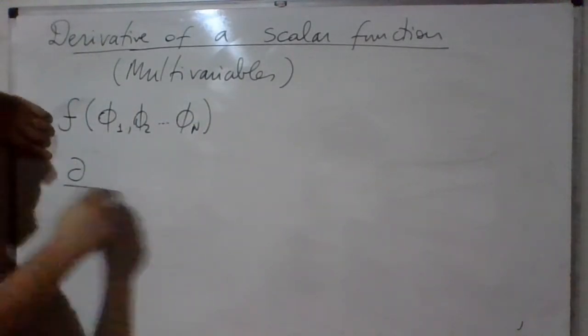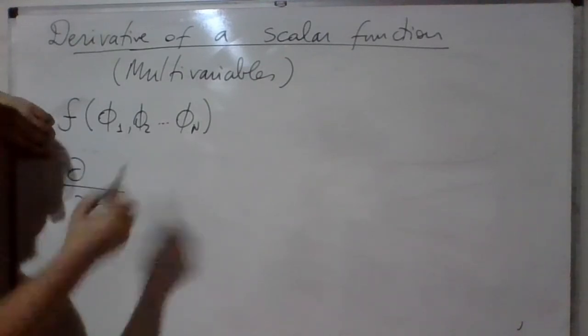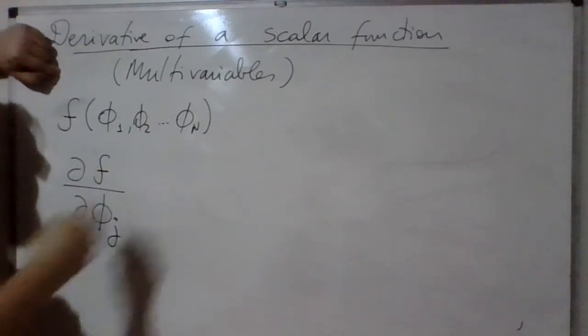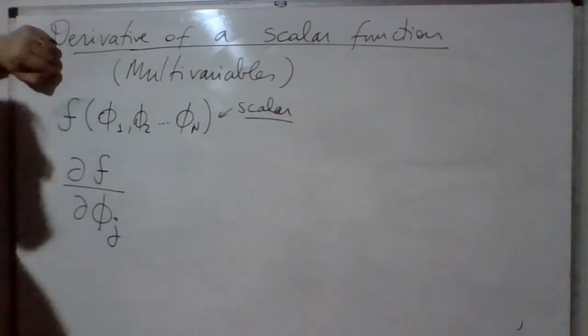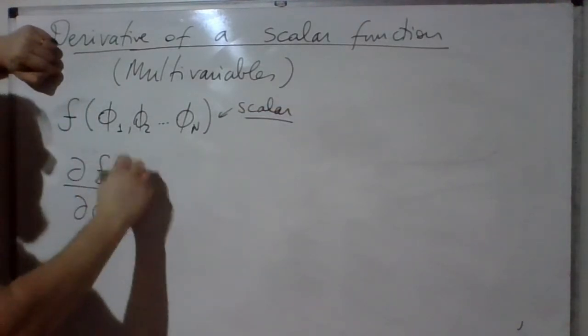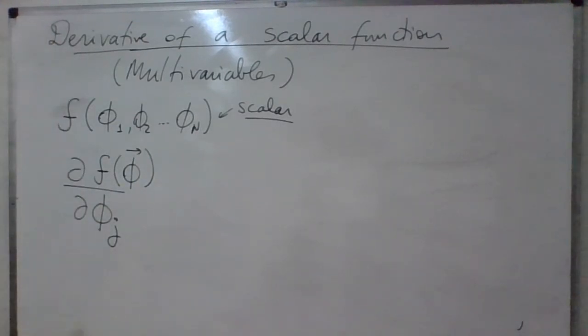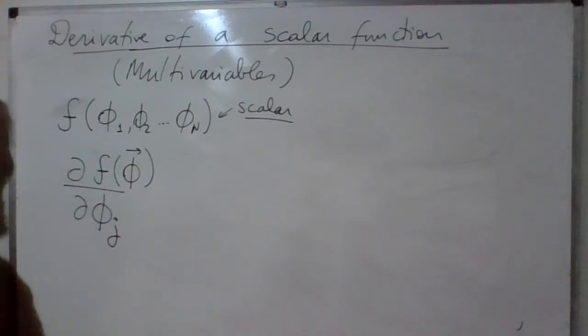It is a partial derivative with respect to, suppose, a phi j of f, which is a scalar. I'll represent the arguments as a vector phi here.